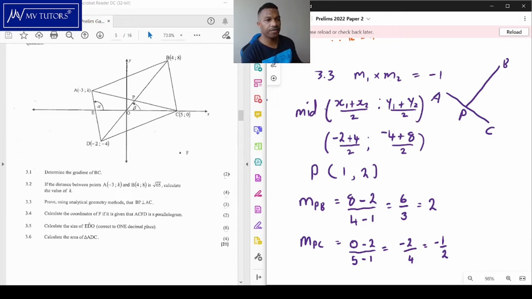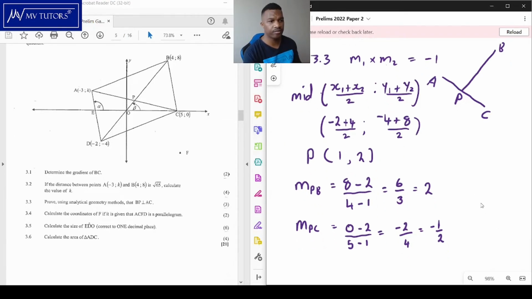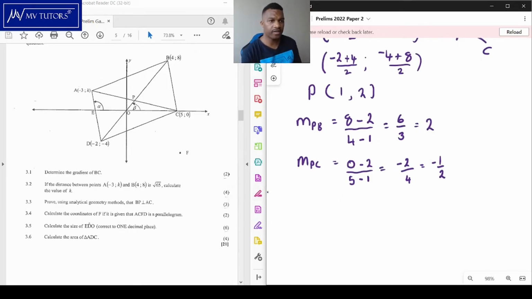Now, if I multiply the gradient of PB by the gradient of AC, because PC and AC have the same gradient, and I'm using AC because that's what we're trying to prove, that's 2 times negative a half, which is equal to -1. Therefore, we can conclude that BP is perpendicular to AC. Nice. We are done with this question.